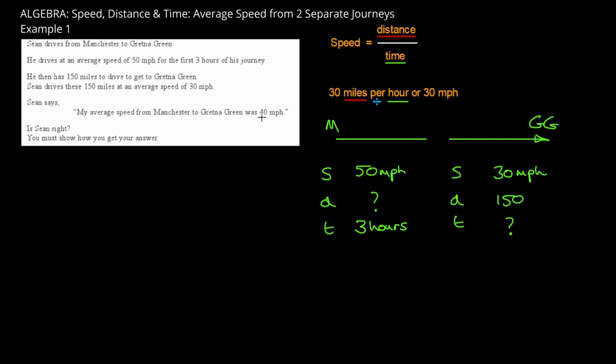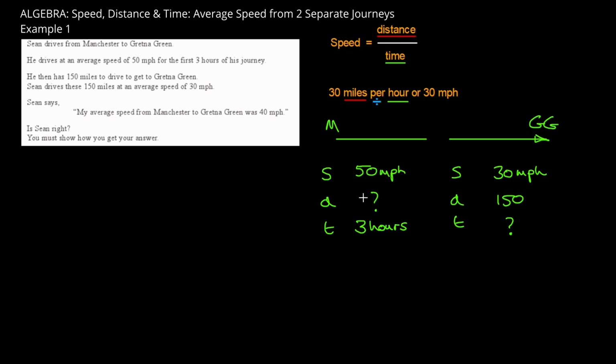He says my average speed from Manchester to Gretna is 40. Well, he's just looked at 50 and 30 and taken an average. I'm sure he's not going to be right, but we have to prove it. So to get his average speed from Manchester to Gretna Green, we've got to do total distance over total time.